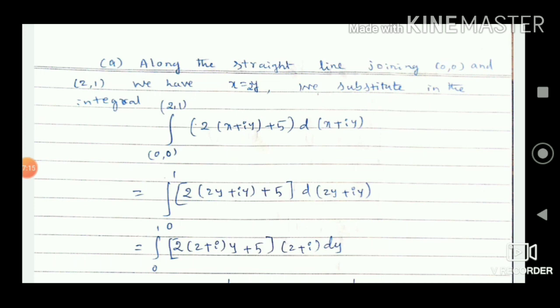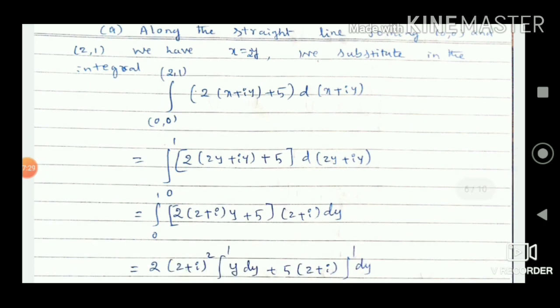And as we did in the previous problem, wherever x arises, I am going to substitute 2y. And now the integration is from 0 to 1. Why? Because y is varying from 0 to 1, x is from 0 to 2, but I have only the y variable now. You can see all these steps, they are simple.